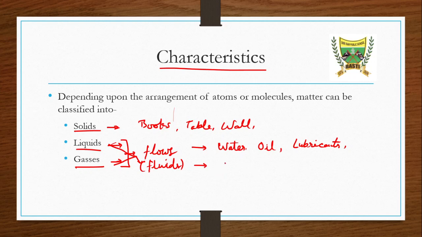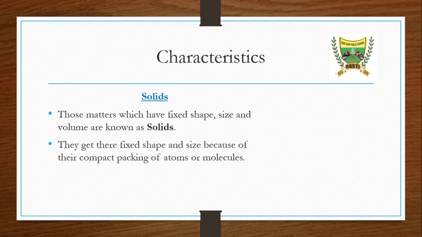Gases are like oxygen, which we breathe. So oxygen is a gas. Hydrogen is also a gas. Even air, which is a mixture of all the gases, we consider as a gas because it has the properties of gases. We will see one by one in the upcoming lectures what the basic properties of gases are. So first of all, let's discuss the solids.